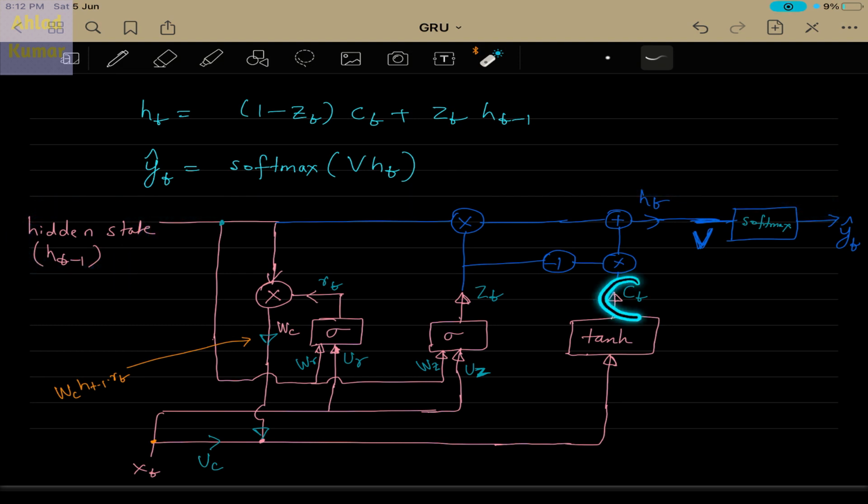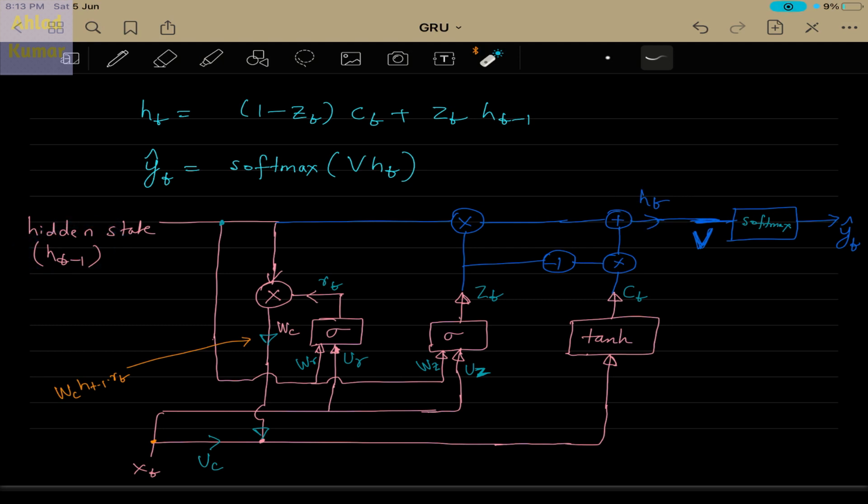If you observe, the candidate state ct which was present over here was acting as adding of information to ht-1 to get to ht, whereas the multiplication operation over here is acting as a controlling parameter which controls whether this has to pass to ht or not. So it's basically acting as a direct connection between ht-1 and ht.